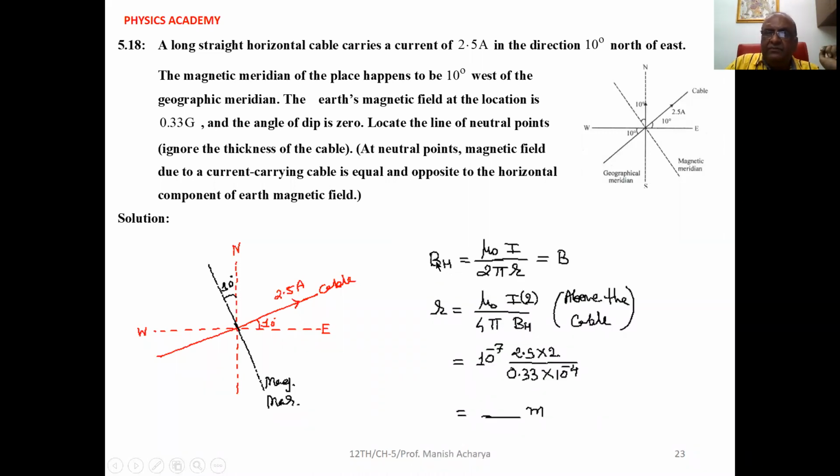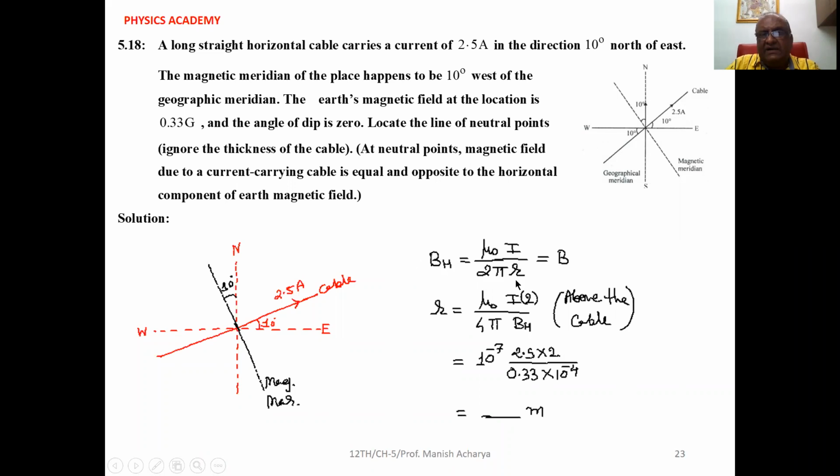So BH, that is equal to mu 0 I upon 2 pi r, that is equal to B. Clear? Means magnetic field of current carrying conductor and horizontal Earth's magnetic field, that should be equal in magnitude.